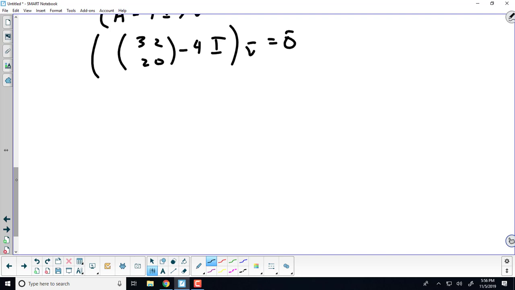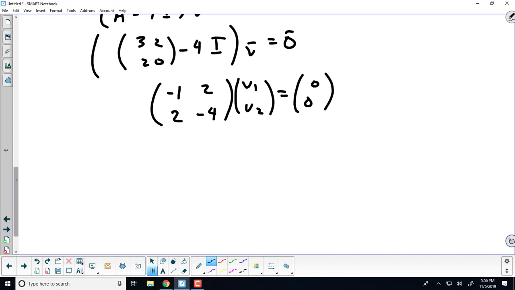Again, what does I look like? It's got entries along the diagonal, so the only entries that change are the diagonal ones. I subtract 4 from each of the diagonal entries. So I'll have minus 1, this stays the same, this stays the same, and minus 4, times v1, v2, needs to equal 0, 0. There's our matrix equation.